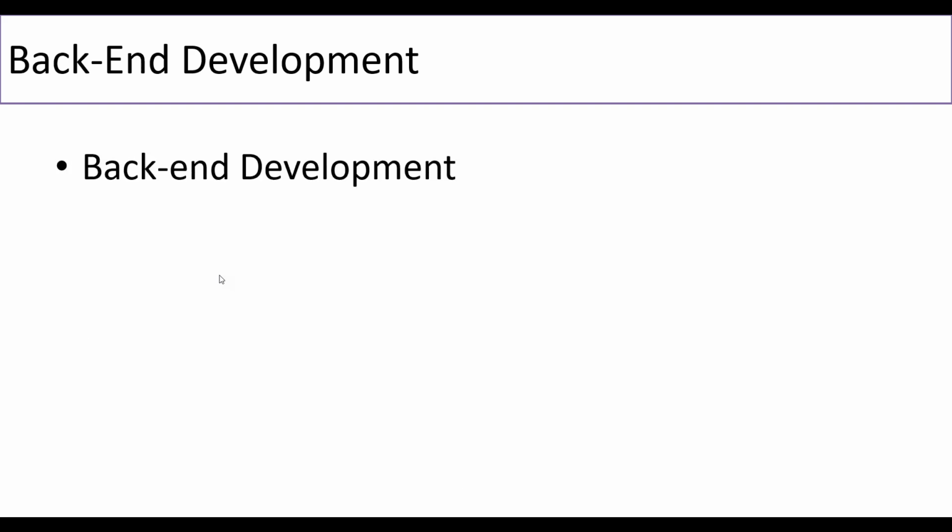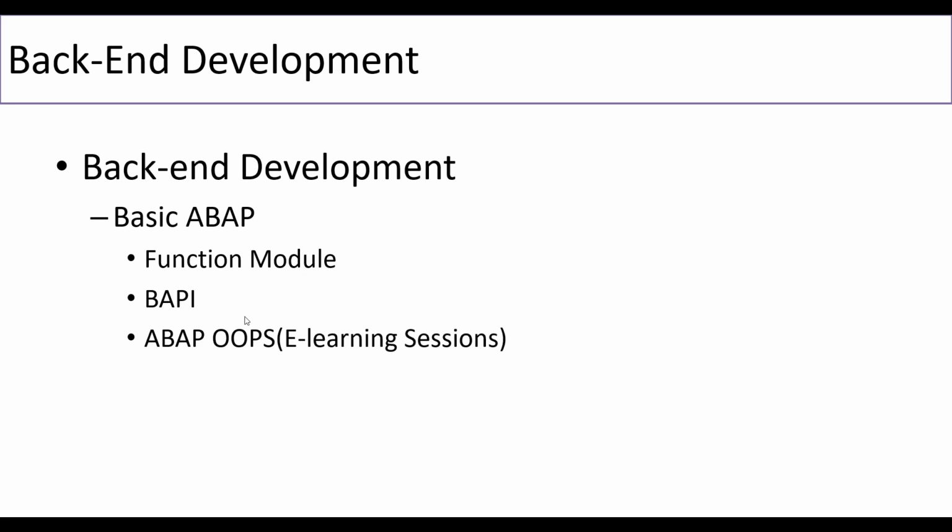Coming to the backend development. You should know basic ABAP, especially RFCs, BAPIs. ABAP OOPS sessions are available as part of the e-learning. If people are not acquainted with OOPS, you can go through them, but still I would say it is pretty much manageable without ABAP OOPS.